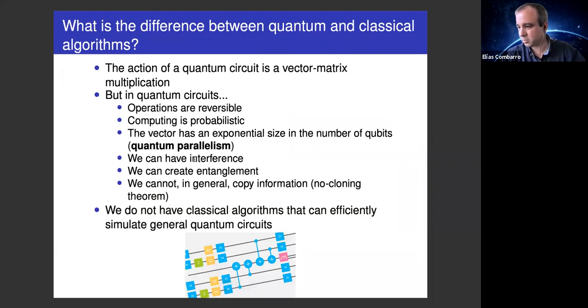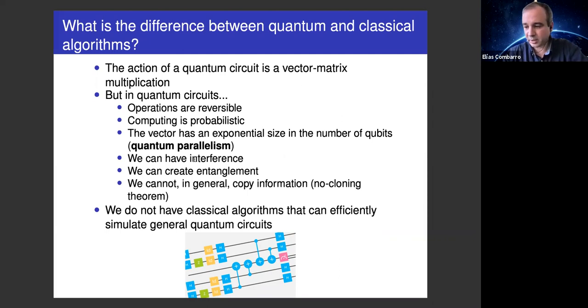So, as we have seen, this idea of processing information with quantum computers is similar in some ways to the classical computation that we do with classical information, but it also has some particular properties that make it quite different.